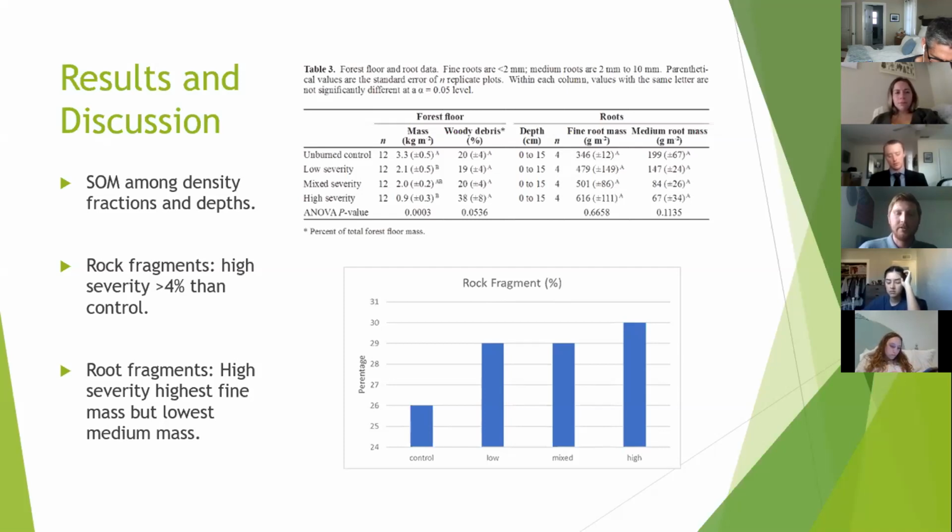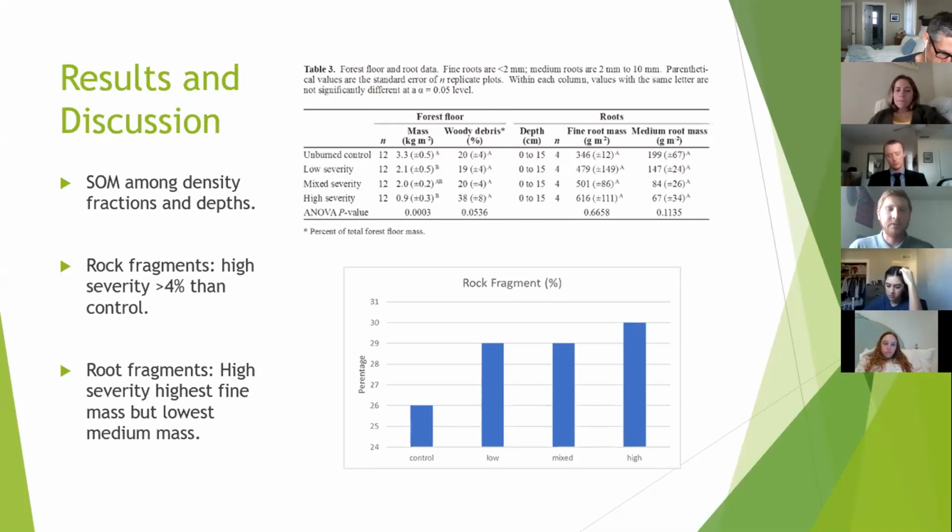The higher erosion assumed that as soil fine particles are removed from the soil surface by wind or water erosion, it left more coarse rock fragments behind. And qualitatively, these rock fragments were more than the less eroded control plots.